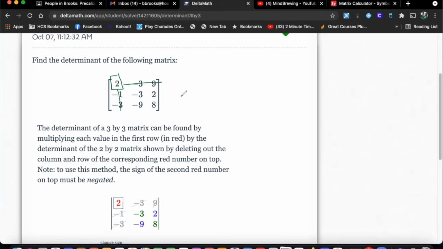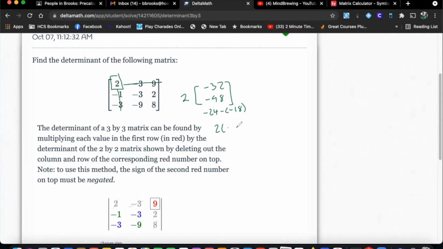So you do 2, and then take the determinant of -3, 2, -9, 8. We've done determinants of 2 by 2. In this case it would be -24 minus -18. That would give you 2 times -6, which is -12.